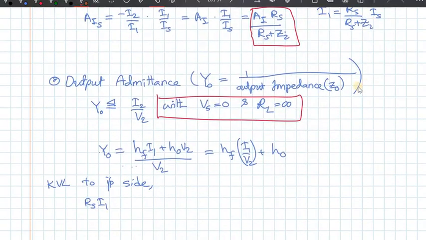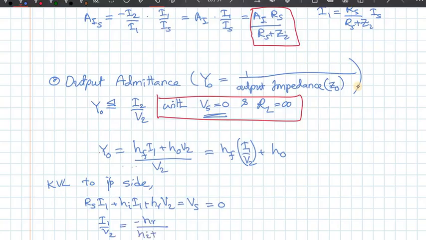So Rs times I1 plus Hi times I1 plus HR times V2 is equal to Vs. We said in the definition that Vs should be equal to 0, so this should be equal to 0 by definition. Therefore we only have I1s and V2s in addition to the parameters of the circuit. So I1 over V2 is equal to minus HR over Hi plus Rs.